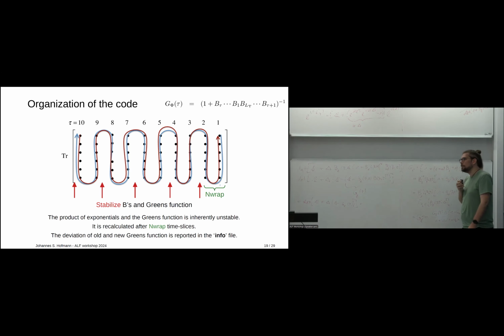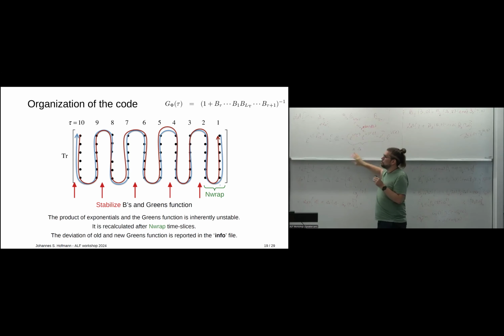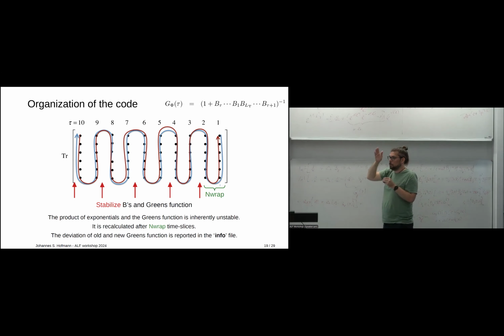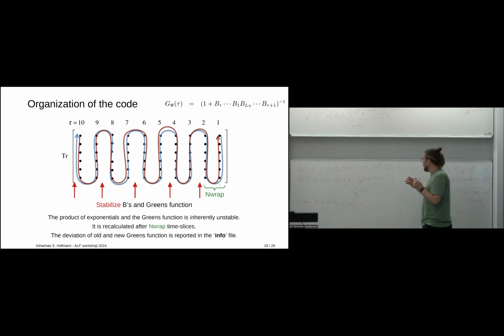Yes and no. In principle, you could randomly select a spin that you want to update, and you don't snake through at all. The question then is, you have to cut the product of all these exponentials in the B matrices at precisely the position where you want to update. In some cases, you are lucky, like with the Hubbard interaction, that all the different terms of the interaction commute.